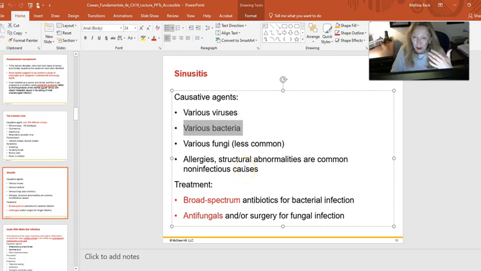So if they're lingering or causing a lot of discomfort with signs and symptoms, then typically it's going to have to be a broad spectrum antibiotic, because there's usually more than one bacteria involved, and or antifungals, because all of the normal flora that's there will take the opportunity to cause trouble if there's fluid in those sinus cavities.